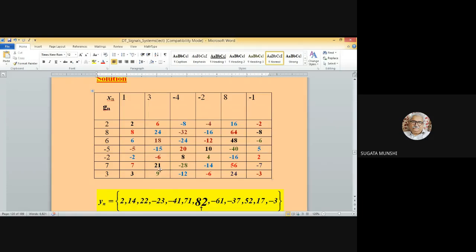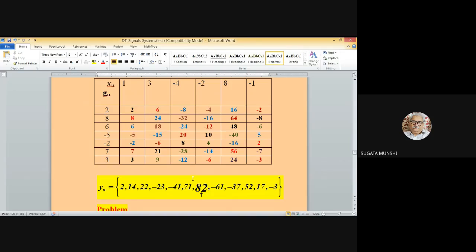Remember that I have already pointed out that the left edge of y[n] will be minus 6. So if this is n equal to minus 6, this is n equal to minus 5, this is minus 4, minus 3, minus 2, minus 1, and this is n equal to 0.